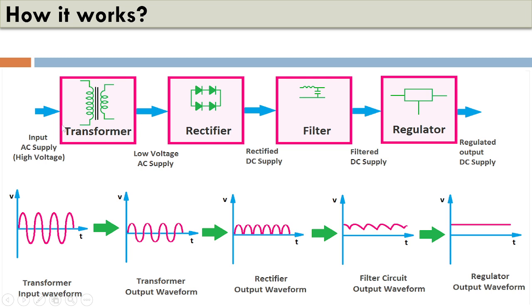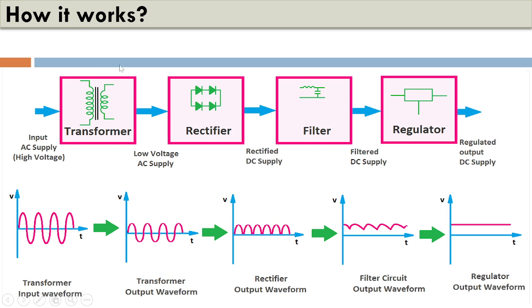Unregulated part here means if the input voltage falls, the output voltage of the transformer also falls, and the other parts like the rectifier as well as the filter also, the impact will be the same. Again, if there is a load which is trying to extract more load current, it can also reduce the output voltage.